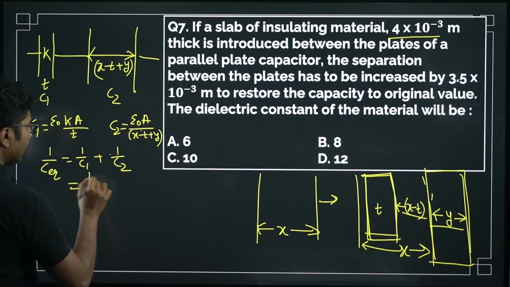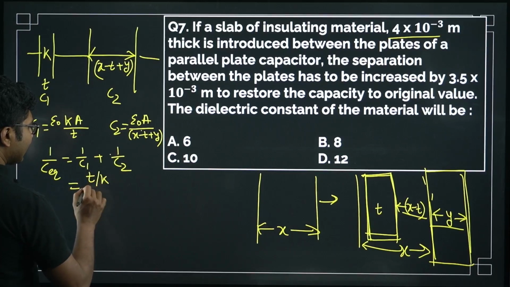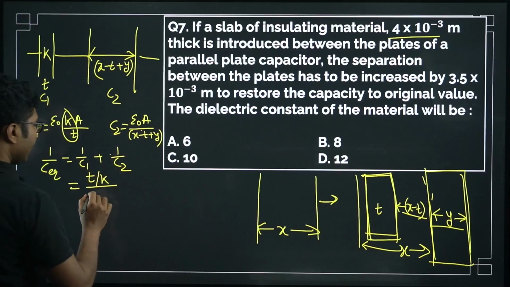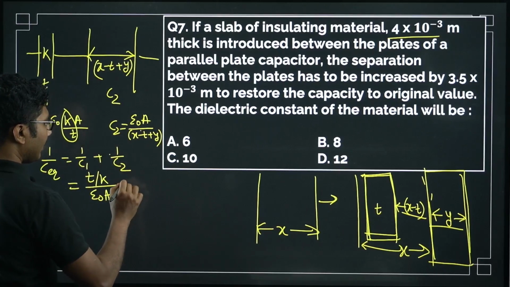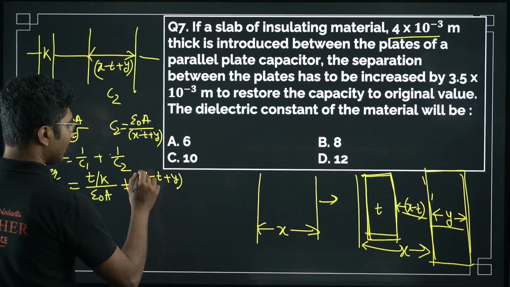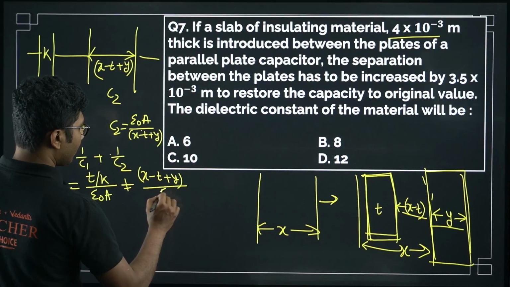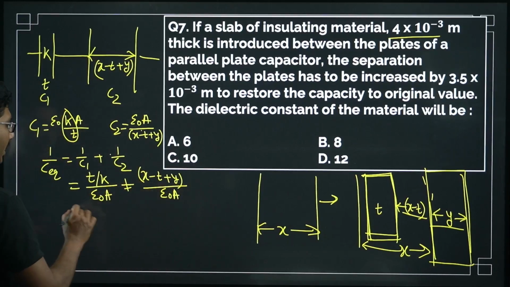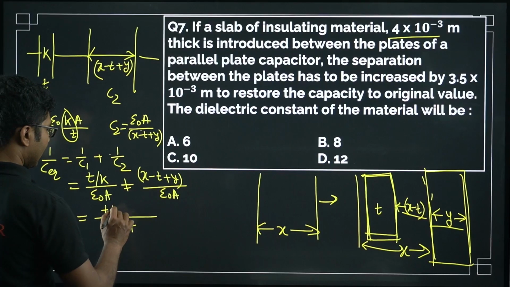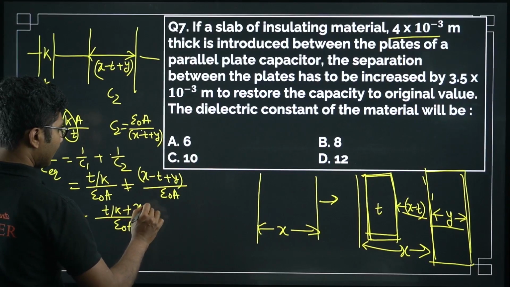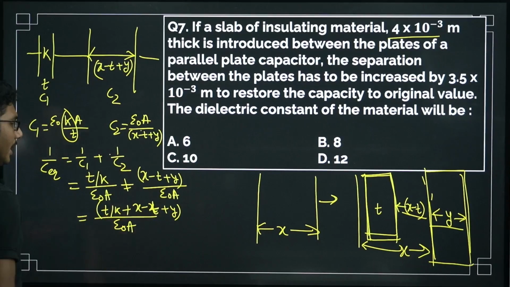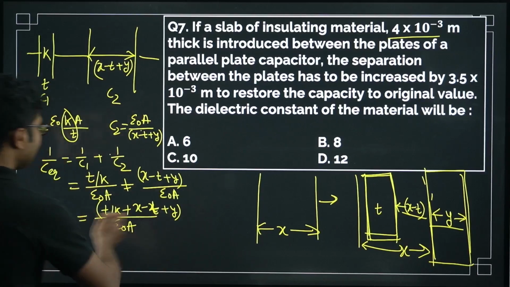So t by k, in the denominator we will have epsilon naught A, and in the other we will have x minus t plus y by epsilon naught A. If you add them, you will get 1 by C equivalent equals t by k plus x minus t plus y, all over epsilon naught A. Now we are trying to establish a relationship between these quantities.